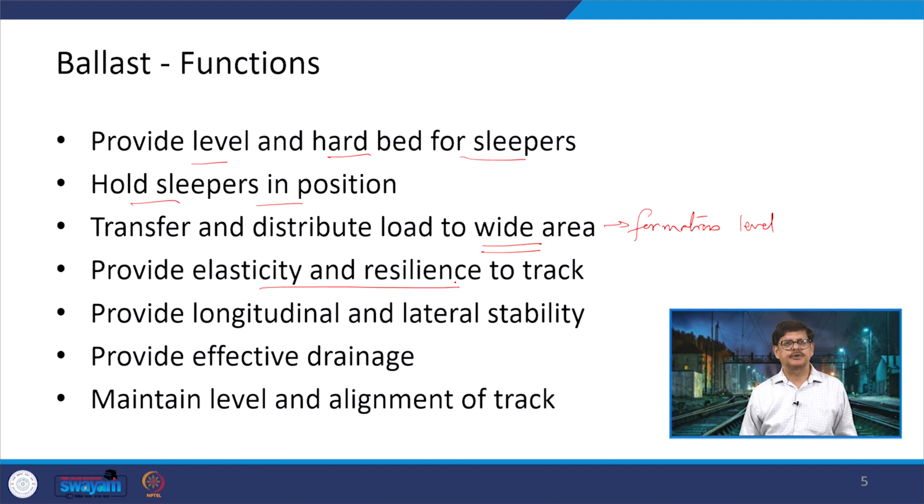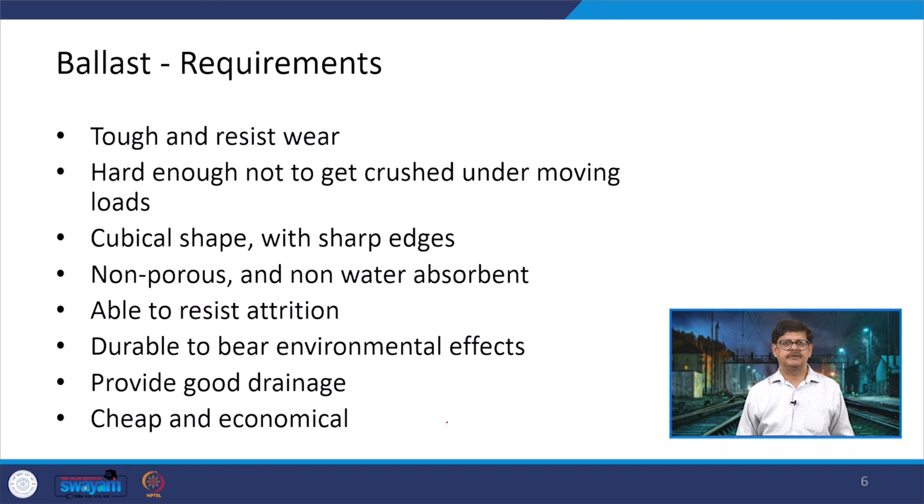It provides longitudinal and lateral stability in terms of the way it packs the sleeper, and at the top of the sleeper you have the rail. So, this whole composite system we are talking about, and where we are looking at this stability aspect. It provides effective drainage, it maintains the levels and the alignment of the track. These are the various functions.